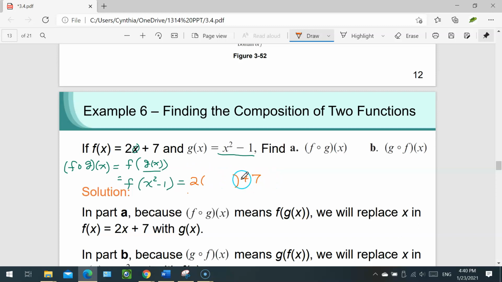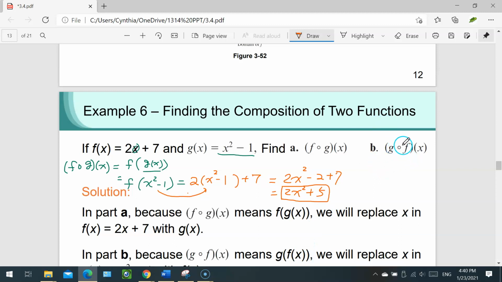Sorry, 2x plus 7. Now, you just replace your x with x squared minus 1. And then it will be very easy to solve. Now you need to clean up. Distribute here. You will have 2x squared minus 2 plus 7, so it turns to 2x squared plus 5. So that would be the answer to this question.